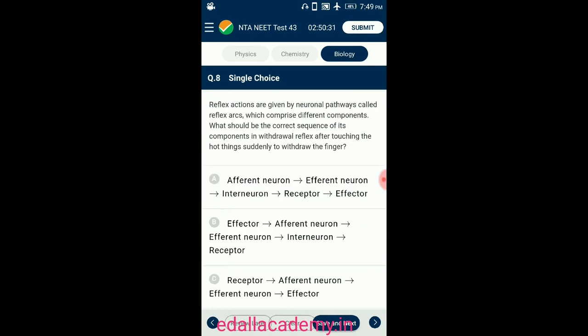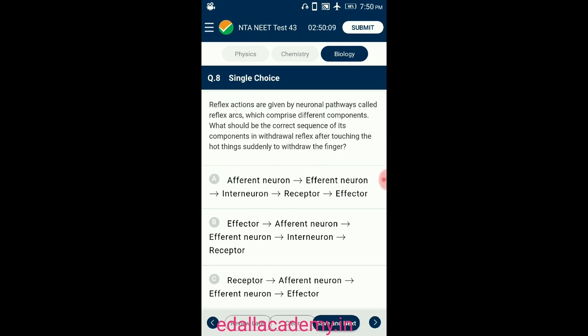Question number 8. Reflex actions are given by neuronal pathways called reflex arcs, which comprise different components. What should be the correct sequence of its components in the withdrawal reflex after touching a hot thing suddenly, to withdraw the finger?